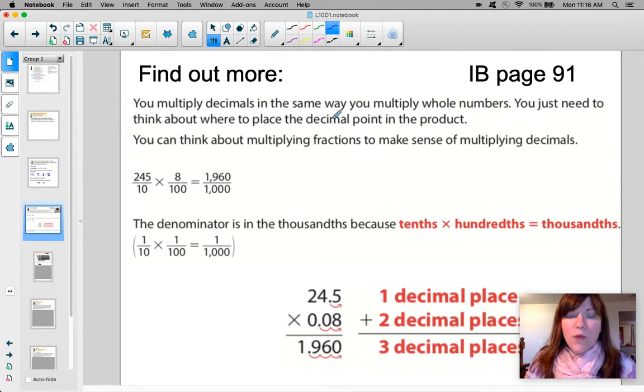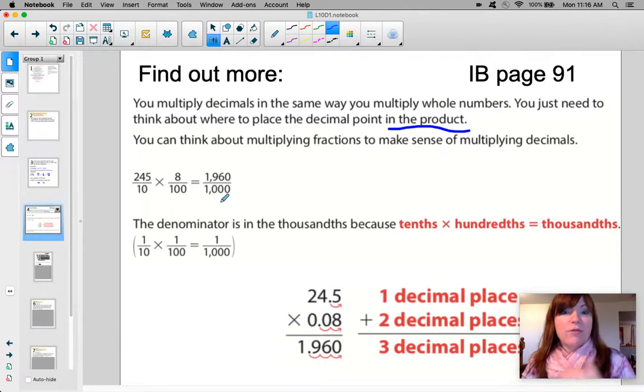When we're multiplying decimal times decimal, it's the same process as with whole numbers. However, we need to think about where the decimal point is going to be in the product, in the answer, when we get done. So you can think about the fraction multiplication to help you answer that question.